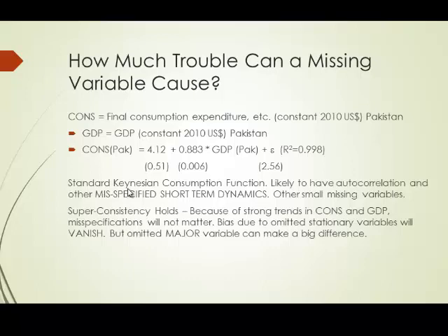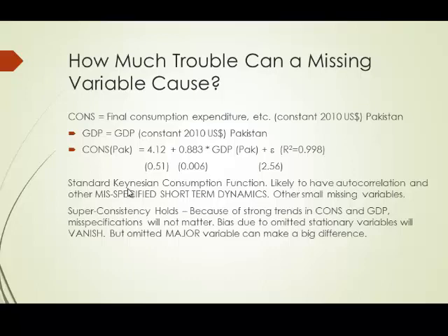However, there is something going for us here. That's the whole integration, co-integration theory. It turns out that if consumption and GDP are co-integrated, which is likely to be the case, then you have a phenomenon which is called superconsistency. And superconsistency means that the coefficients converge to the right values at a very fast rate. And that means that even if you have misspecification here, if you have excluded the lag of consumption and if you have excluded FDI or interest rate or whatever, which are important determinants, still you will get a reasonable result.